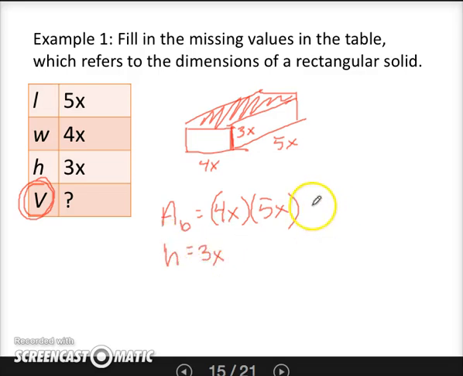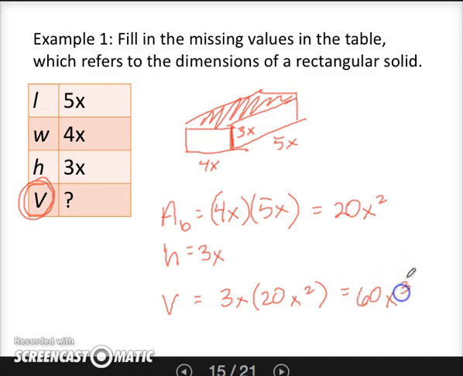So the area of the base then is 20x squared. Don't forget that we have two x's multiplied together here. The height is 3x, so the volume then is 3x times 20x squared, which gives us 60x cubed, and it's no coincidence that we call this cubed because we are working with cubic units for volume.